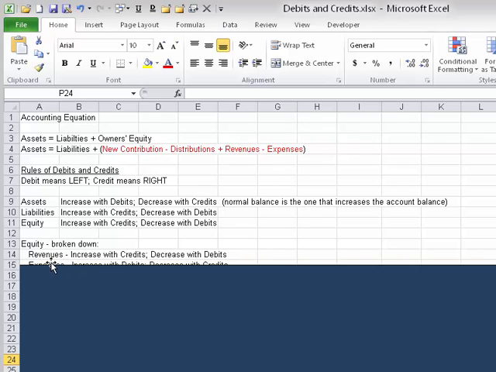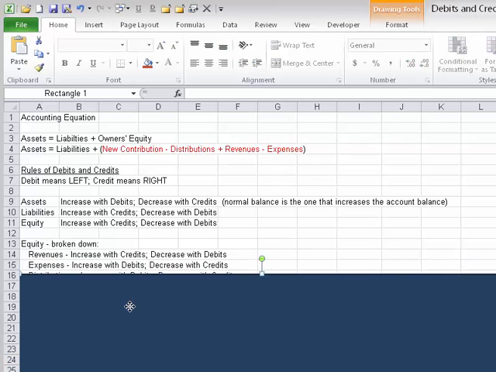So it would make sense that revenues will increase with a credit and decrease with a debit. Now, if you can't logically understand it at this point, that's okay. Just memorize the rules or keep a cheat sheet available. You might want to pause this presentation and take a screen print of it so that you have that in front of you. Now, expenses go the opposite way.